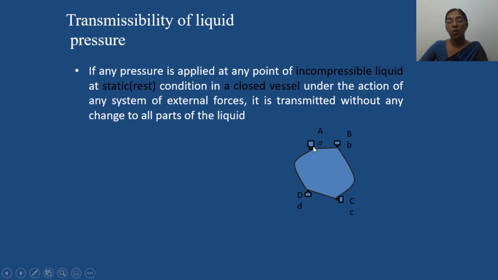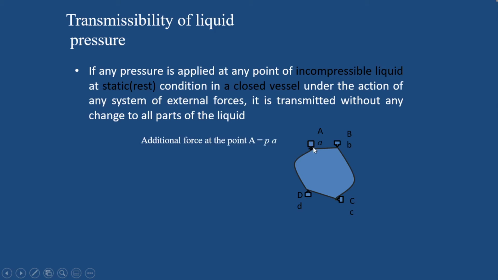All these openings are of different area. Initially, the system is under equilibrium condition. Suppose we apply a pressure P at the point A. Because of this principle, the same pressure is transmitted to all other points without any change. Hence, the equilibrium condition of the system will be changed.